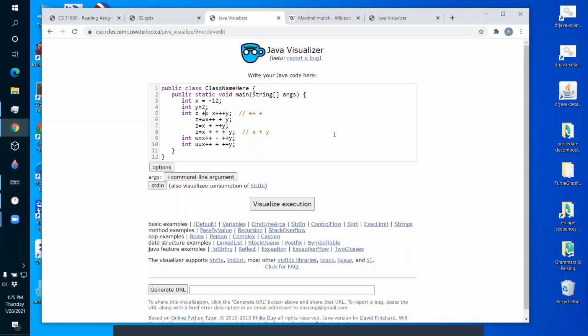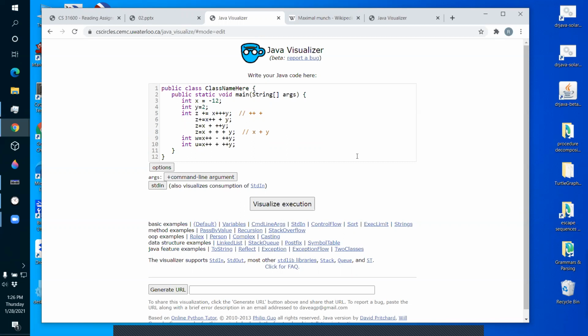Like he said, this means add the right-hand side to the left-hand side, but the left-hand side actually hasn't been declared yet. So in this case, there really isn't a left-hand side because you're in the process of declaring Z. So you can't use the plus equal operator in a declaration because there isn't a left-hand side yet.